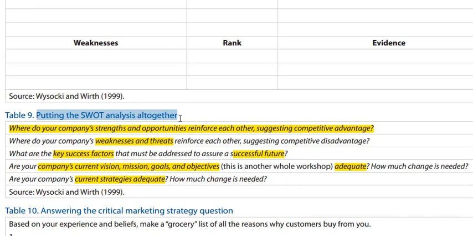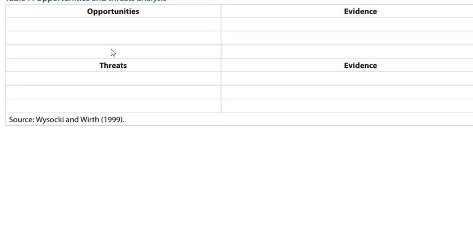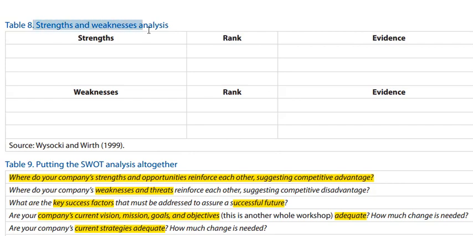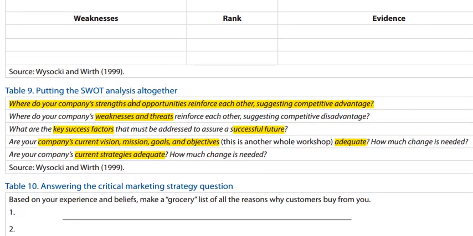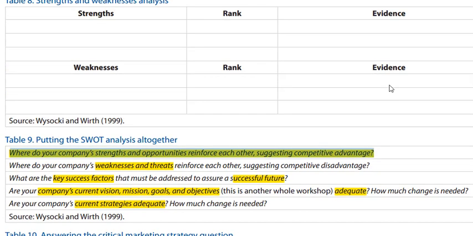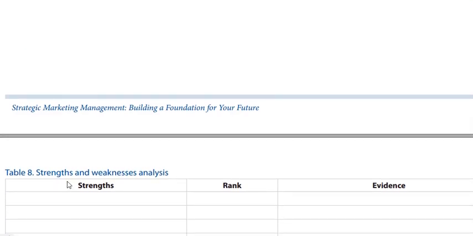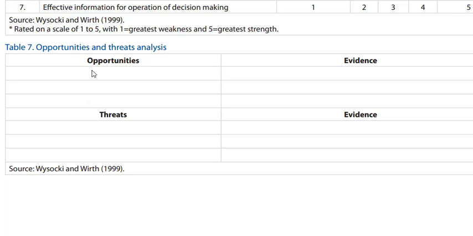How do we do it? The information gathered in table number 7 and table number 8, according to different ranks, we will use to answer these questions. Where do your company's strengths and opportunities reinforce each other? That is strengths from internal analysis and opportunities from external analysis.